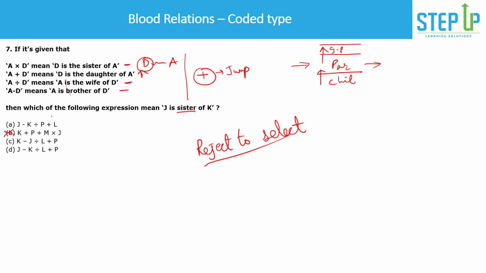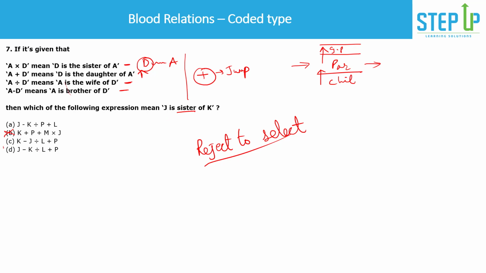Now we eliminate some options through the gender. So now when he says J minus K, what does it mean? J minus K means J is the brother of K. We have to say J is the sister of K. That means J minus K would mean J is the brother of K, right?